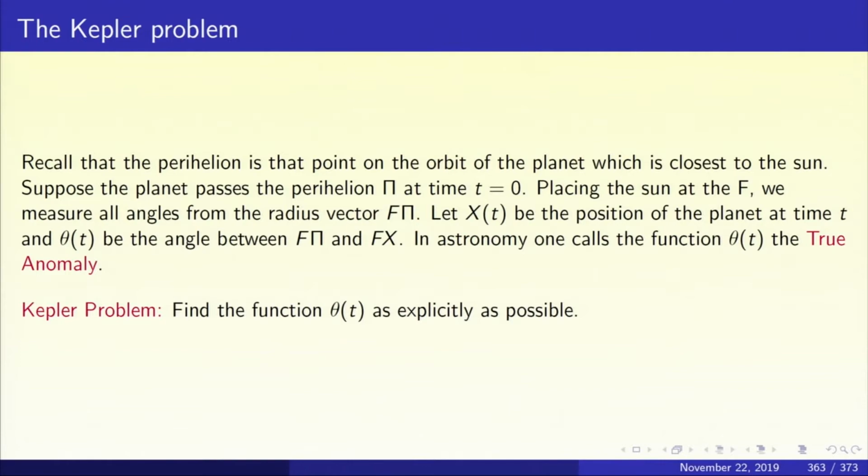From that initial vector we measure angles. So let x(t) be the position of the planet at some instant t, and so from the focus we draw fx and we have f pi. The angle between f pi and fx, that angle is theta(t), and this theta(t) is called the true anomaly.